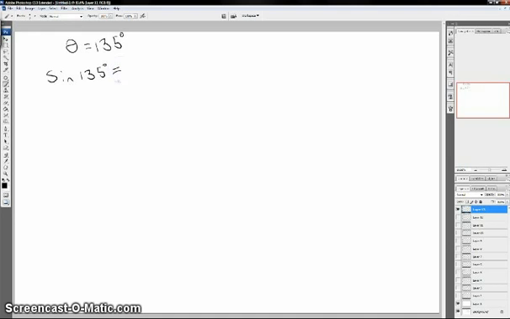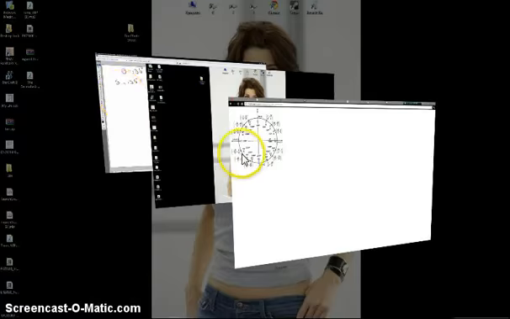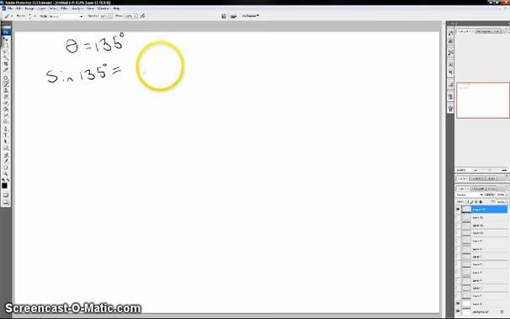So we can actually just look at the unit circle here. 135 degrees is right here. It's 3 pi over 4, and it looks like sine is root 2 over 2, and cosine is negative root 2 over 2. So the sine was root 2 over 2, the cosine was negative root 2 over 2.